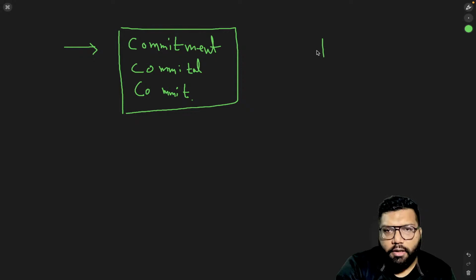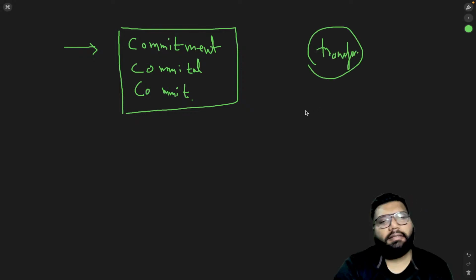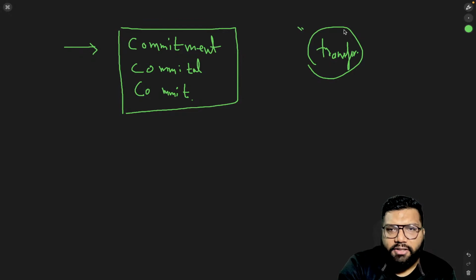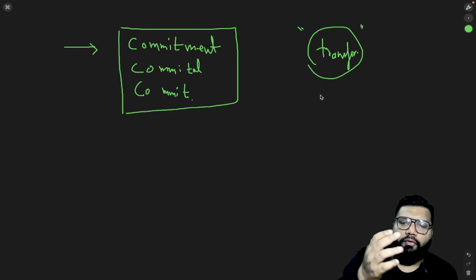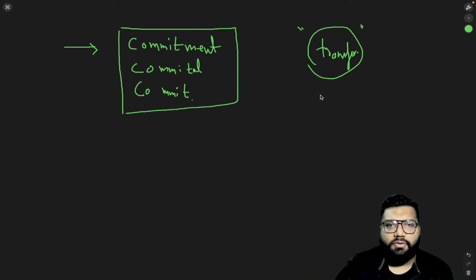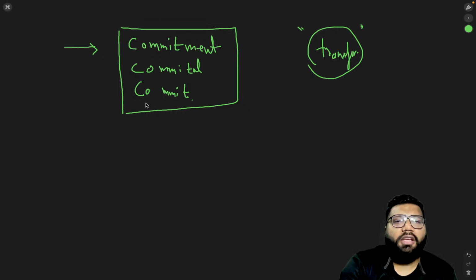Students, there is one word called transfer. Transfer of a case. Now listen carefully. Transfer is an English term, and you can easily say that transfer can be from one judge to another judge, from one magistrate to another magistrate. But when you use the word commit, committal, or commitment, this means transfer to court of session only.